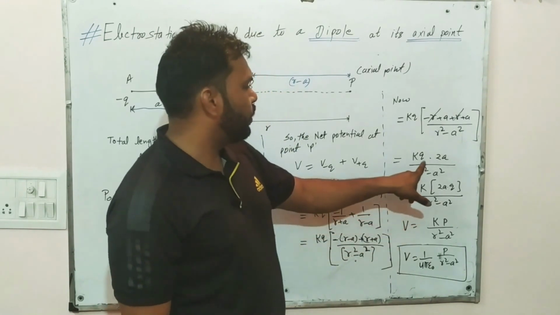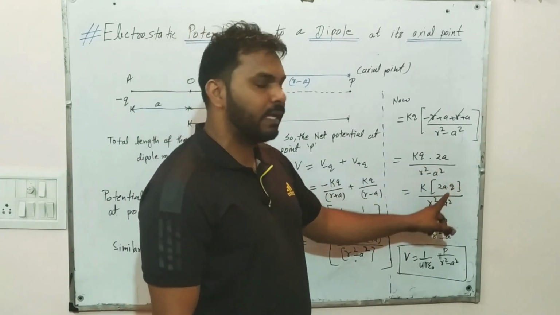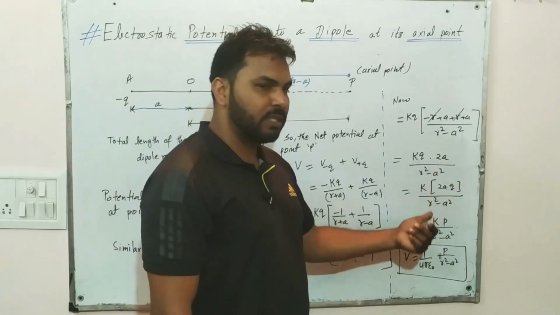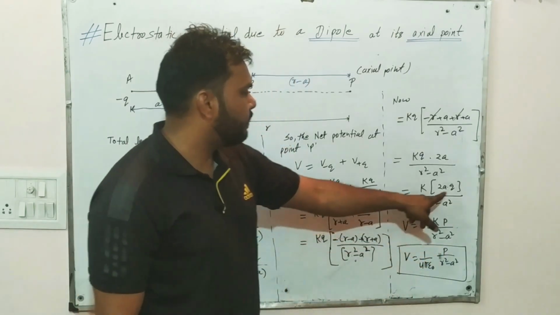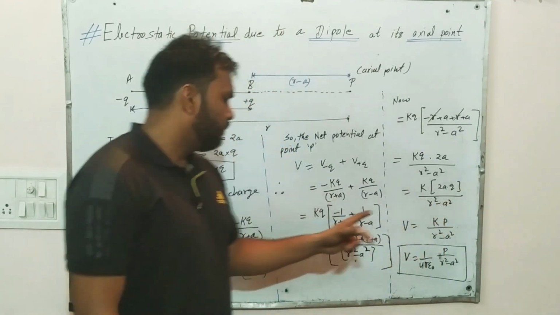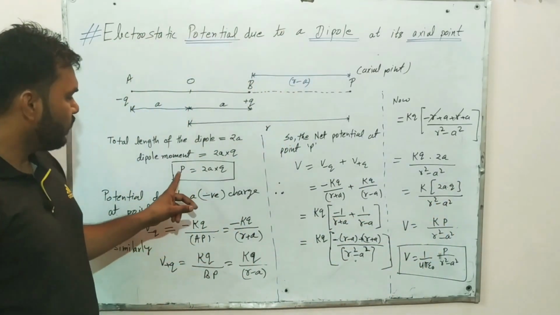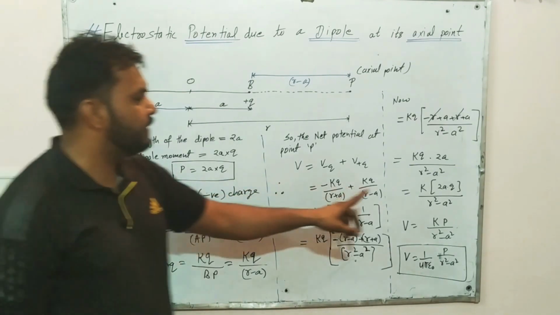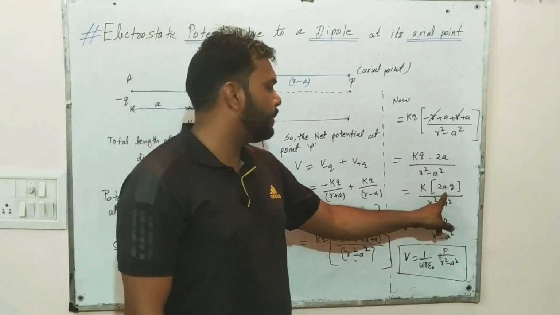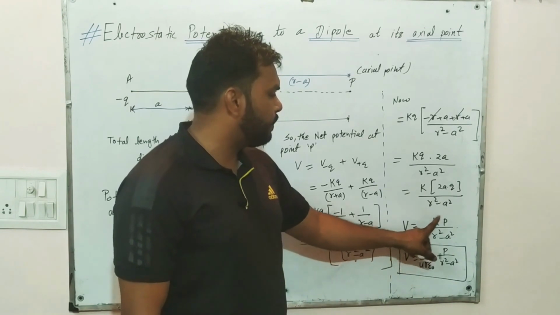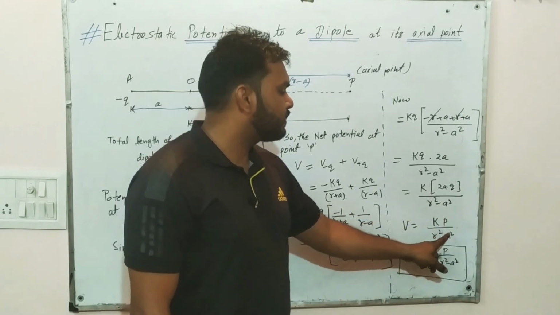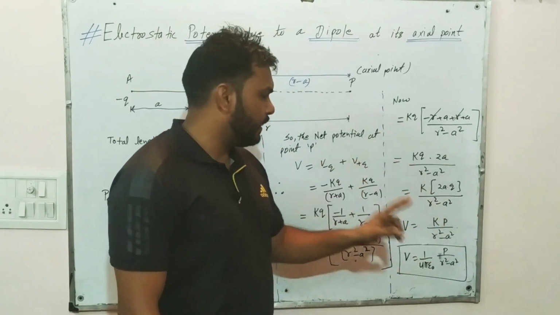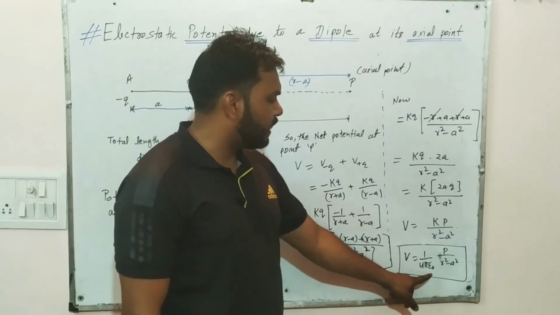I am putting q and 2a in one bracket so that you can distinguish it. This term is called the dipole moment, which I told you earlier: p is equal to 2a into q. Just replace it by the dipole moment p. So we have V is equal to kp upon r square minus a square, where k is 1 upon 4 pi epsilon naught.